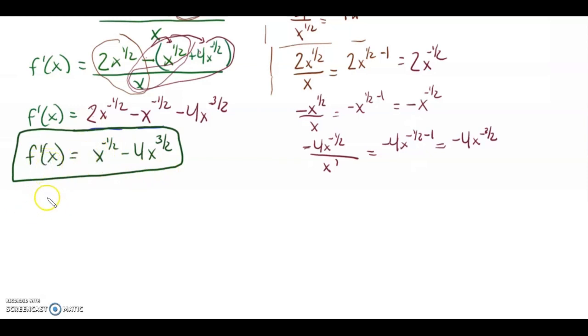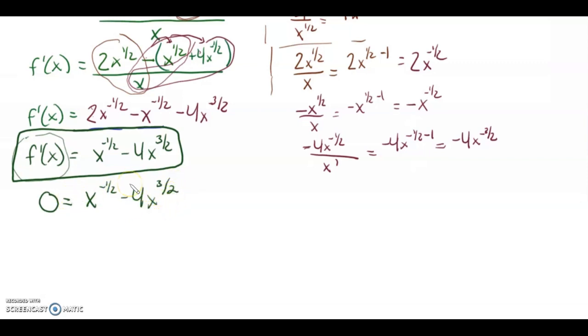So now let's go ahead and sub in 0. We know that a horizontal slope is going to have the slope of 0. So this here means slope, f prime at x, and it equals x to the negative 1/2 minus 4x to the negative 3/2.